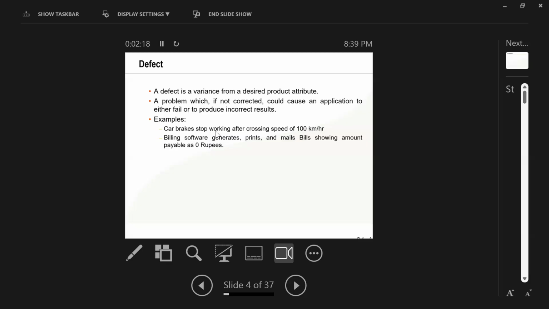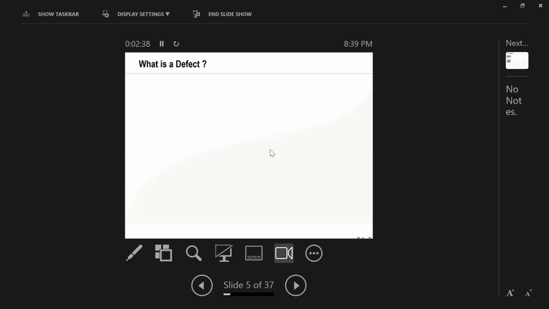Examples: a car's braking stops working after reaching a certain speed. That is a defect. If braking fails, what? Accidents. Billing software generates, prints and mails bills showing account payable as 0 rupees. That is also a defect.